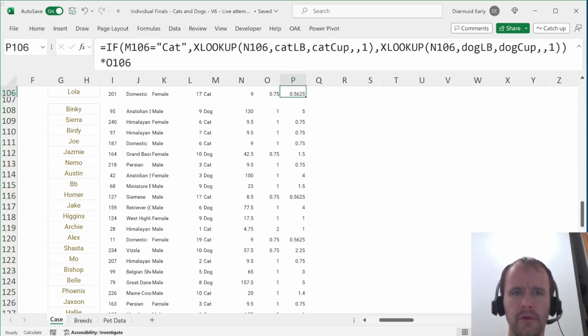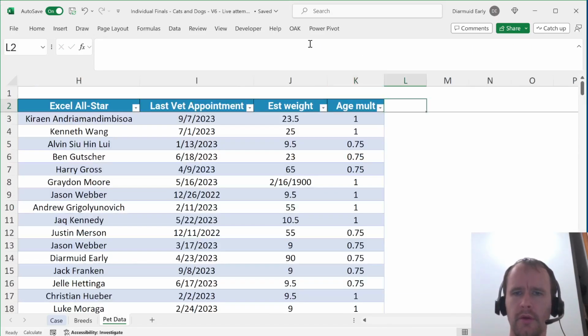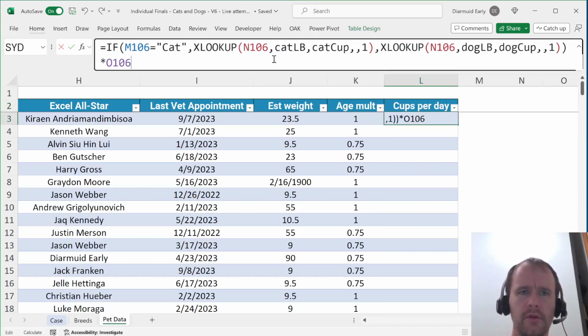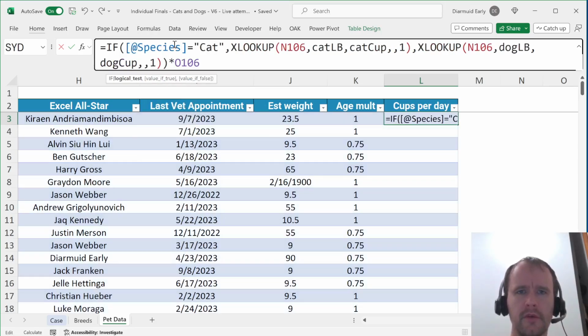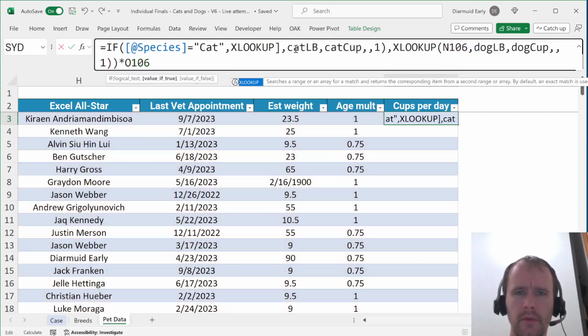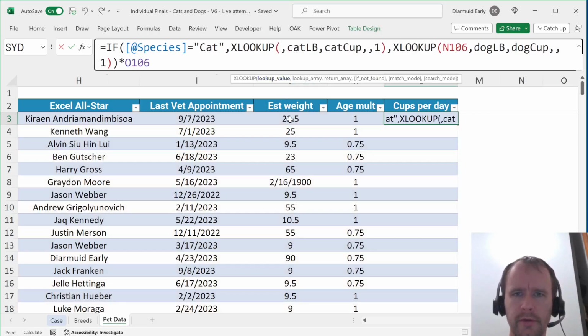Okay, so then we come over here. Food, it's cups per day. So then we do this, and this is species. This is weight. Not sure if I need extra characters there. Let's stick it.